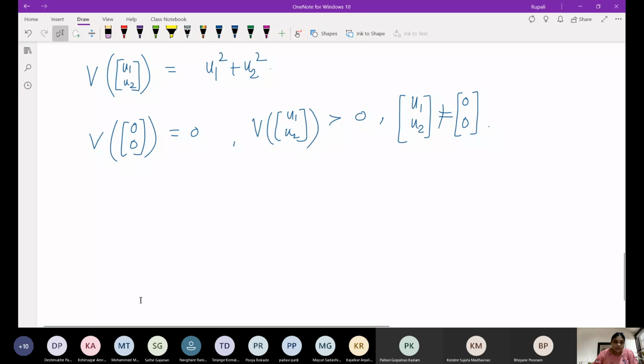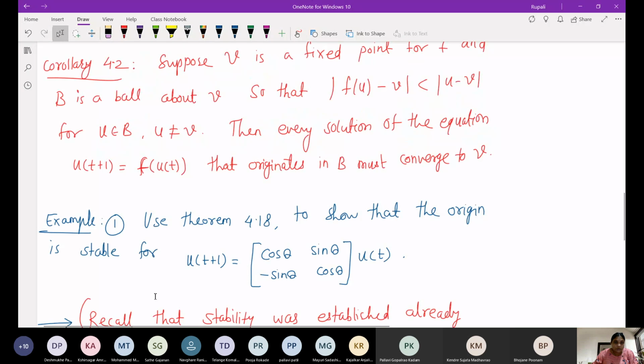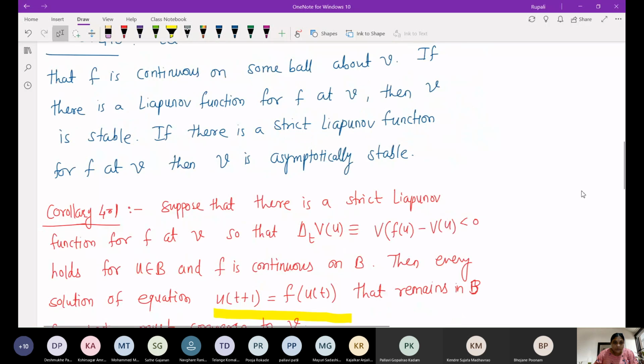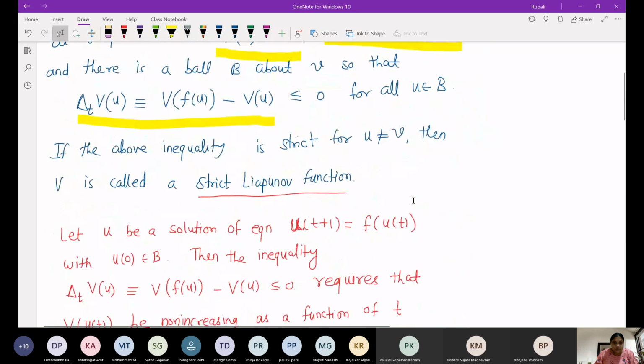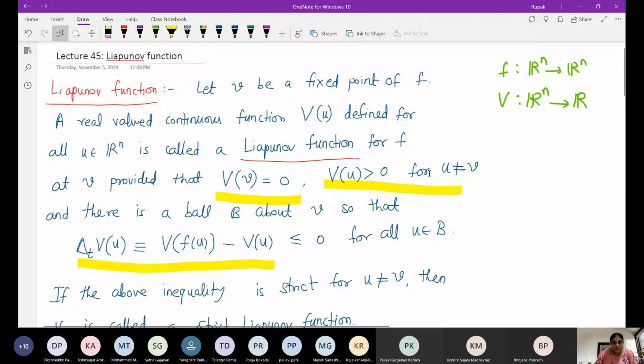Let us go to the definition of a Liapunov function. V at V is equal to 0, and V at U is strictly greater than 0 for U not equal to V. These two conditions we have already shown. Now we want to show there exists a ball in which delta T of V at U satisfies this condition, that it is less than or equal to 0. If it satisfies, then we can say that it is a Liapunov function.